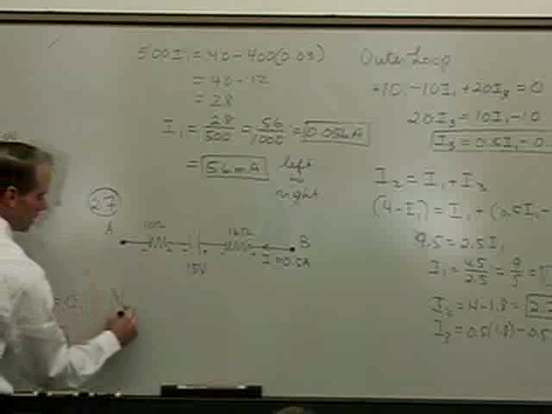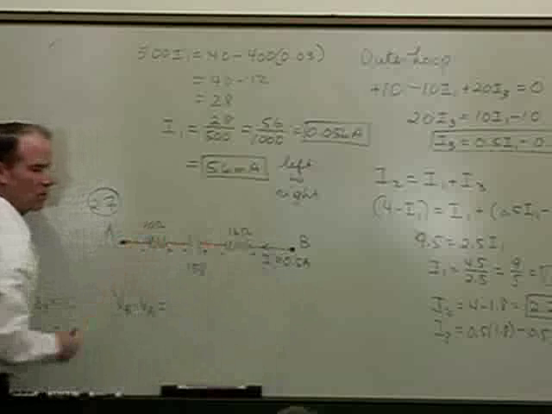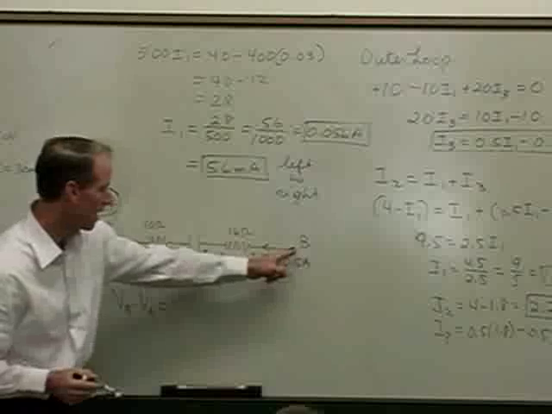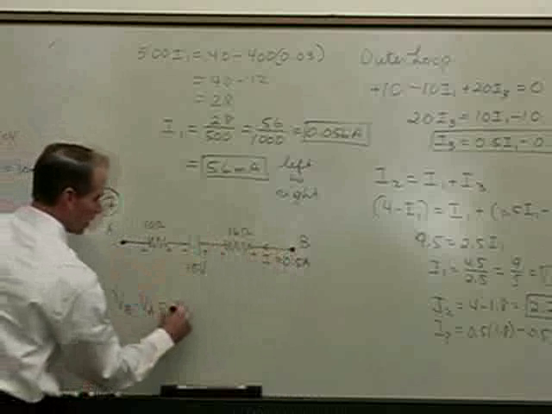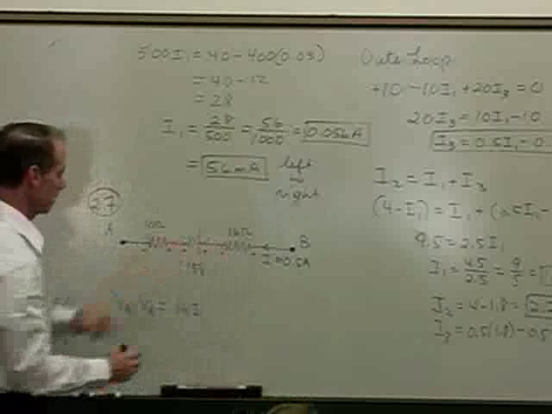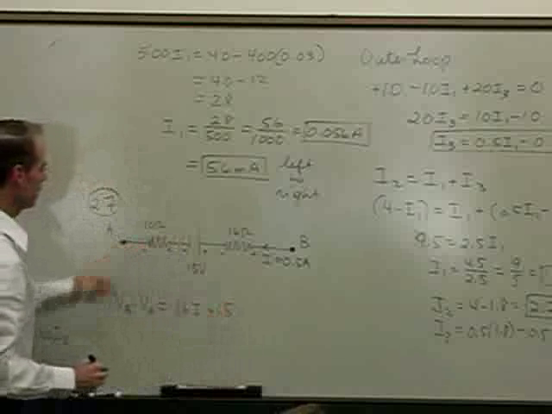Well, VB minus VA would be from B to A. We'll walk our way and add and subtract voltages. So as I walk from B to A, I have plus 16I plus 15 plus 10I.